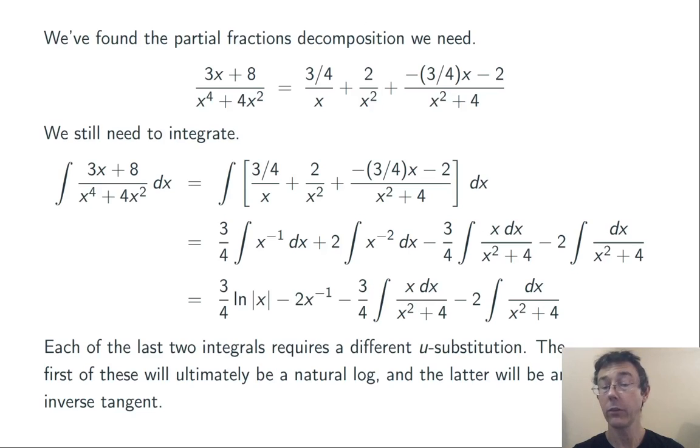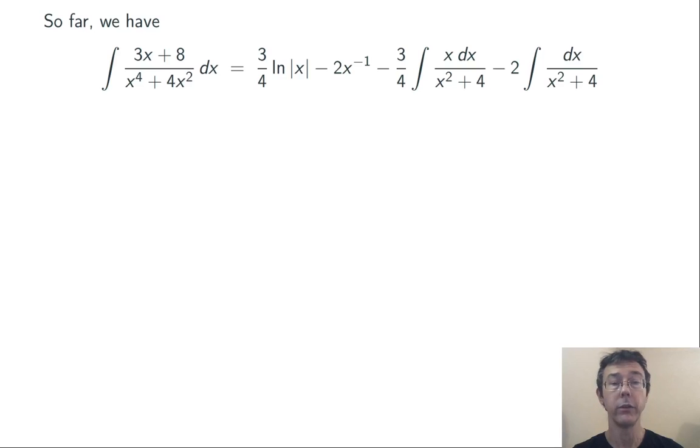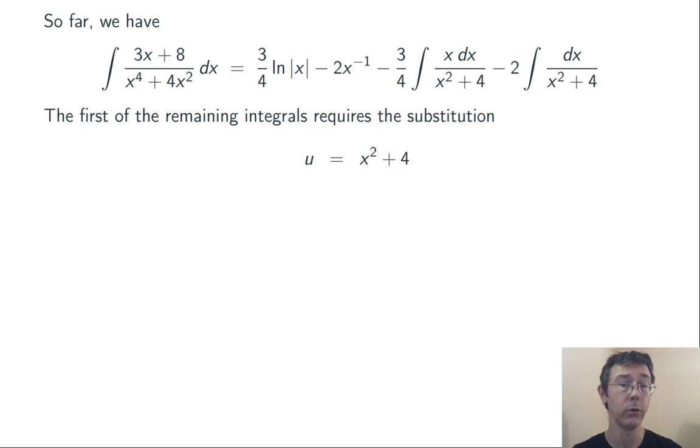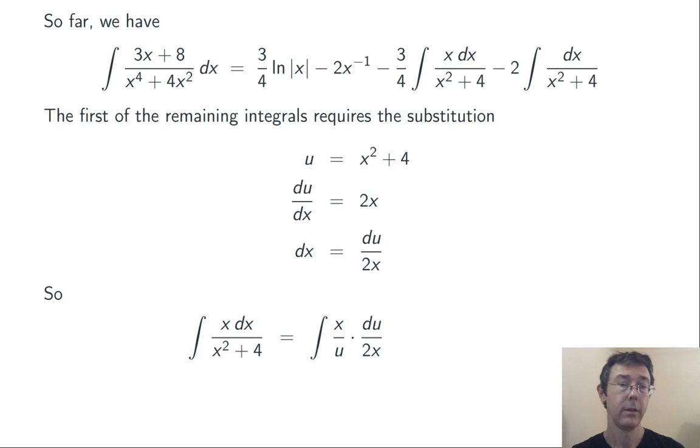The x dx over x squared plus 4 is going to use the u substitution, u equals x squared plus 4, because the derivative of that u appears as a factor in the integrand. The derivative is 2x. Solving it for dx, I get du over 2x. When I plug that in to the integral of x dx over x squared plus 4, I get x over u times du over 2x.